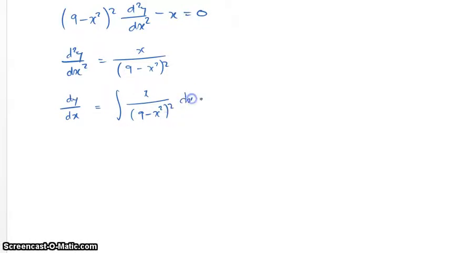You can kind of think of that like negative a half times the integral of negative 2x times (9 minus x squared) to the power of minus 2 dx.